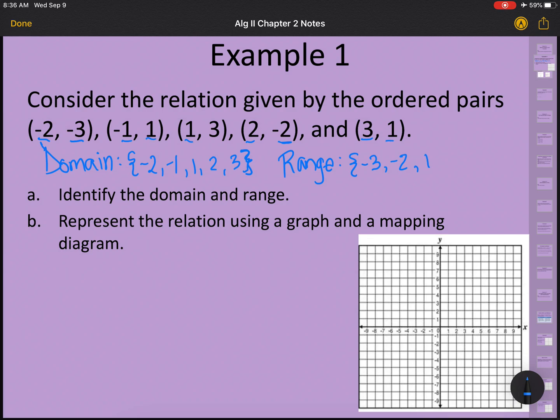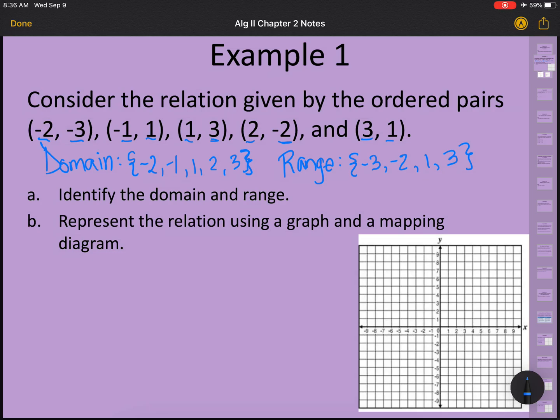Well, I'm just going to write the 1 one time. So if you see any repeated domain or range values, x's or y values, just write them once. And then the last range value I see is 3. That's our greatest y value. So here's our range. So part A is taken care of.